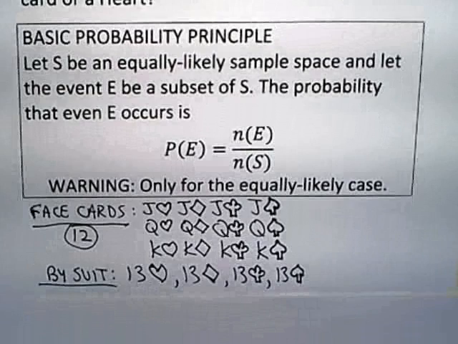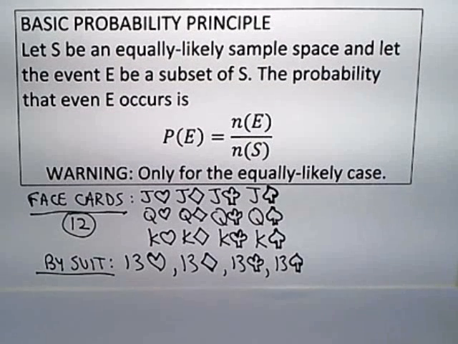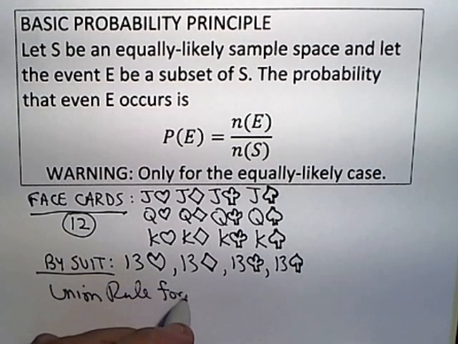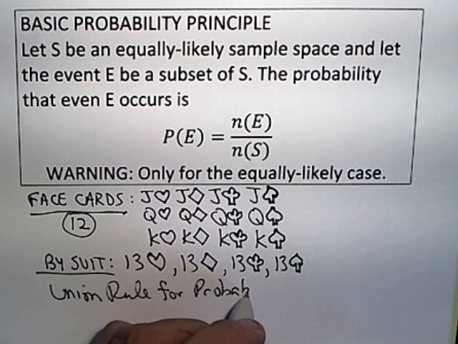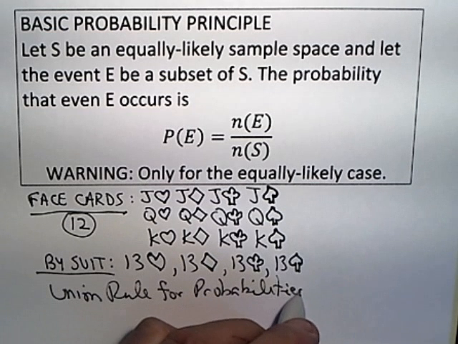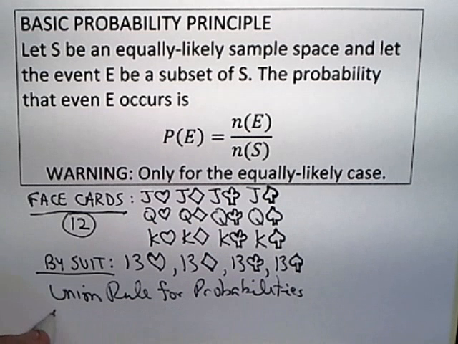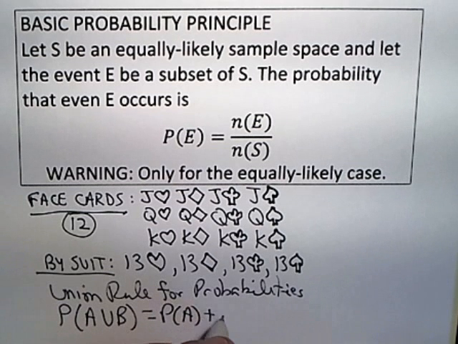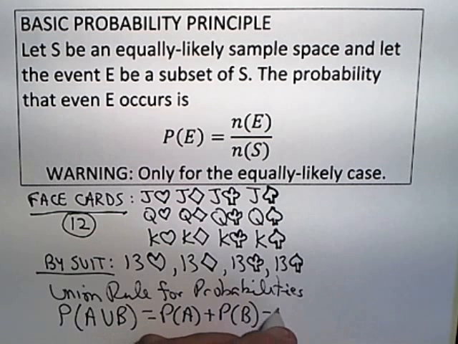In other words, applying the union rule for probabilities here, in the course of doing the basic probability principle, the union rule for probabilities says that the probability of A union B, and remember, union is OR, is the probability of A plus the probability of B minus the probability of A intersect B.